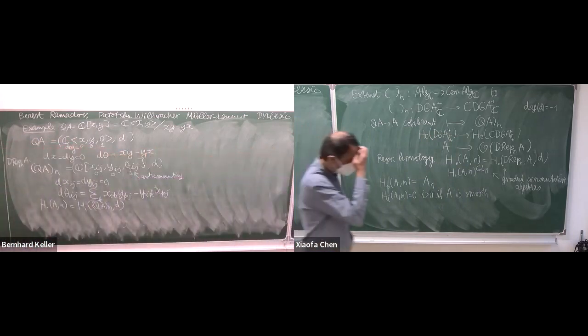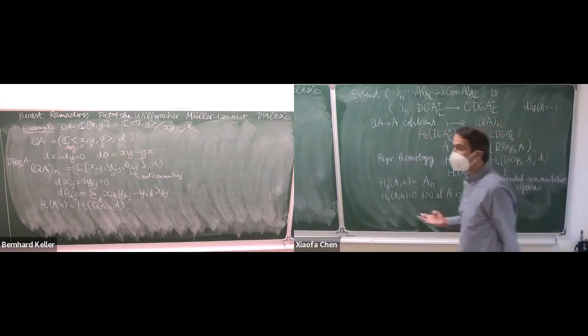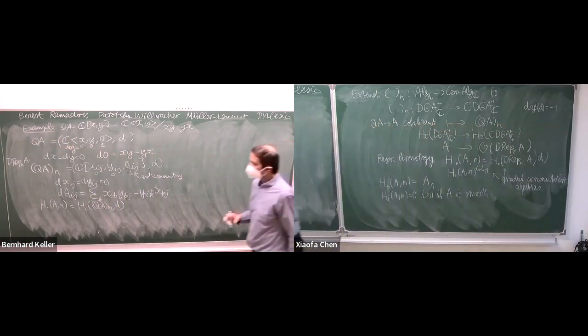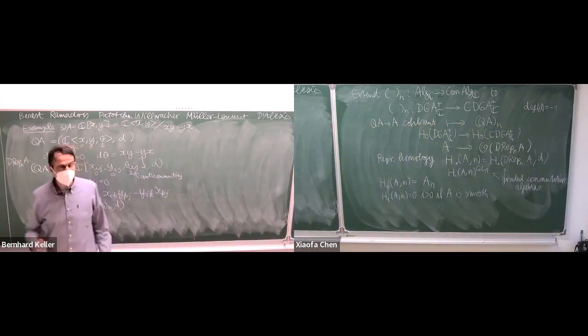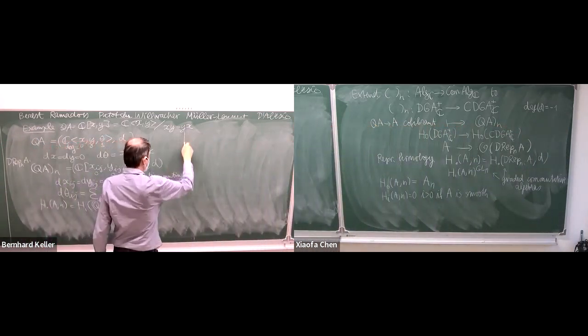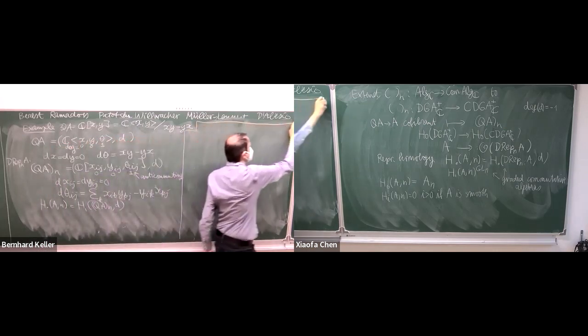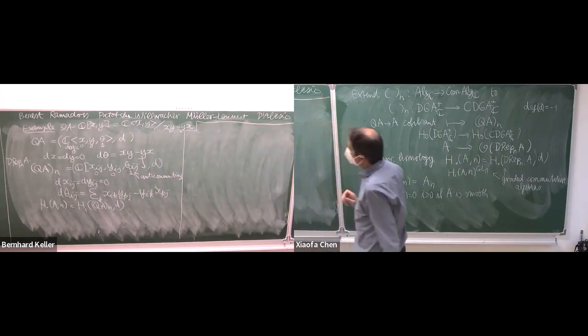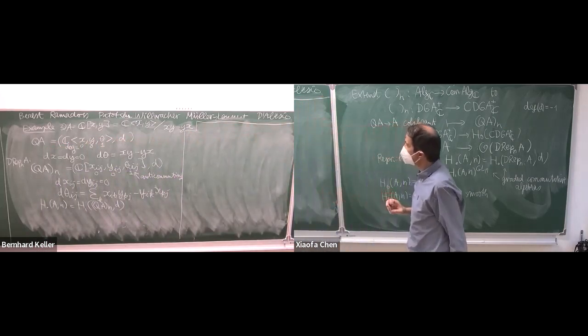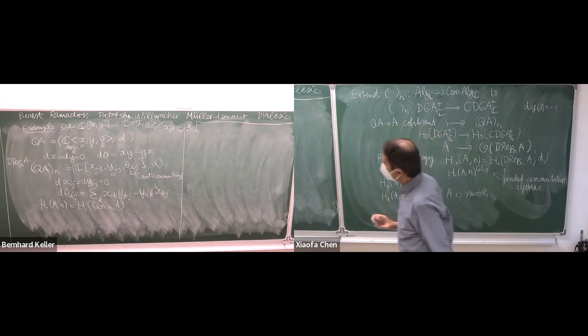Not much in general, but there are comparison maps to known homology. Let me give two such maps. One is related to cyclic homology, and let me give an intuitive picture of why it works.